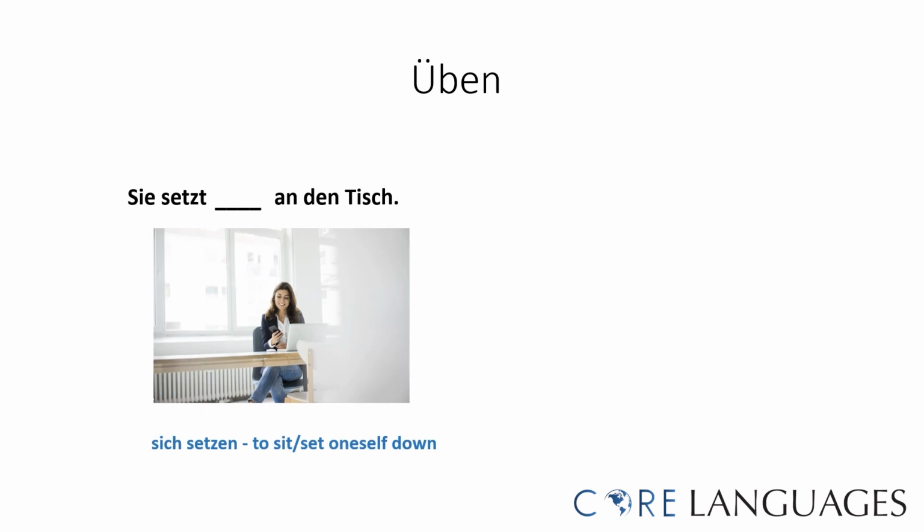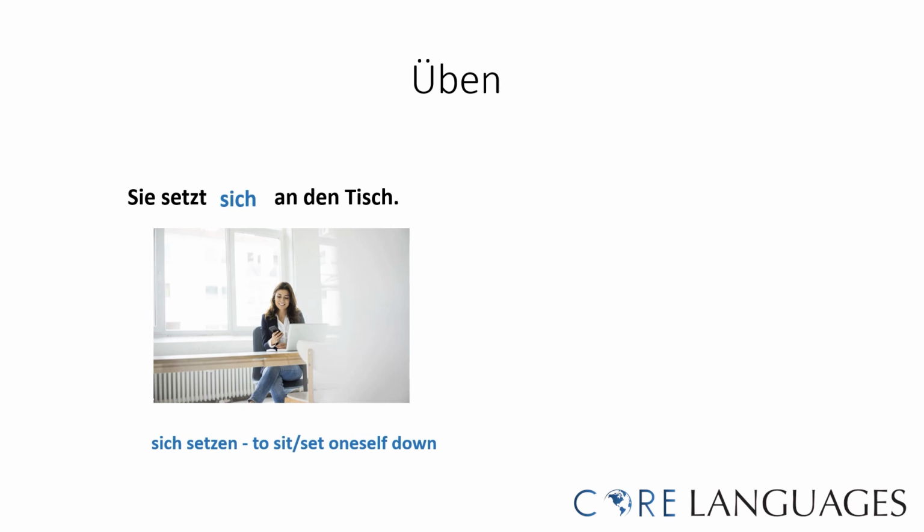And how about these two examples? Sie setzt an den Tisch. Now the reflexive accusative pronoun for sie is always sich, but based on the conjugation of setzen, which is setzt, we know that this sentence can only mean she.